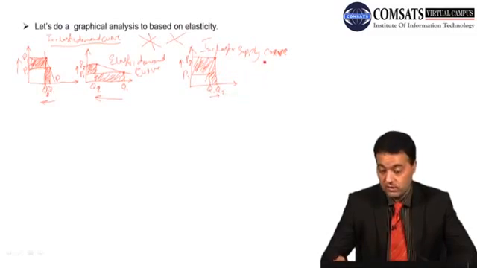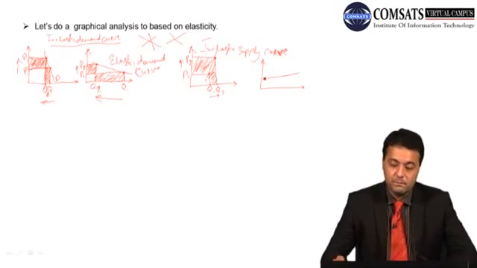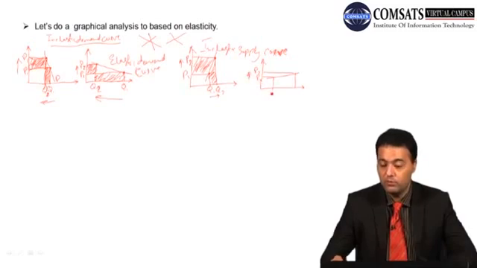But in contrast, take this case of this supply curve. So there is a price P1 over here, and there is price P2 over here. So price increases from P1 to P2.